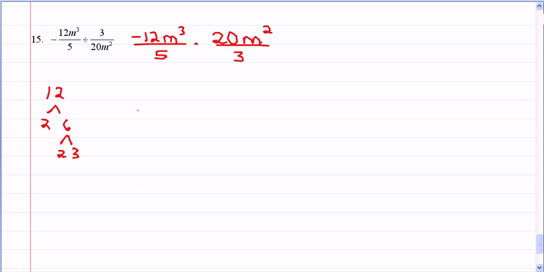And the last problem, negative 12m cubed over 5. I change my division to multiplication, take the reciprocal of the second fraction, 20m squared over 3. And I take the number 12 and the number 20 and write their prime factorization.